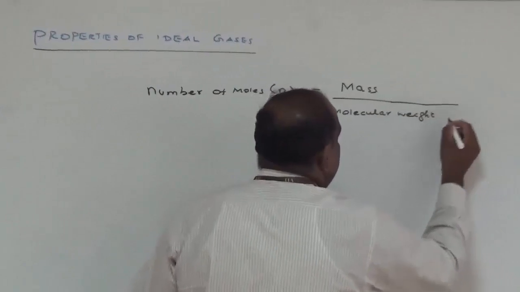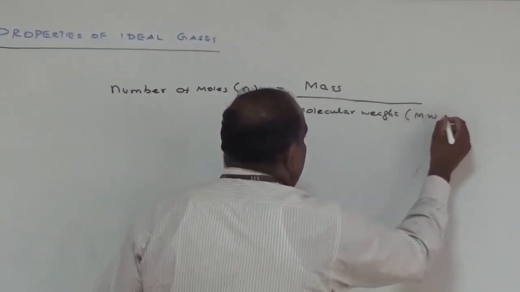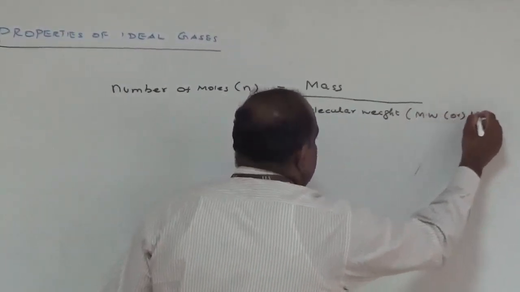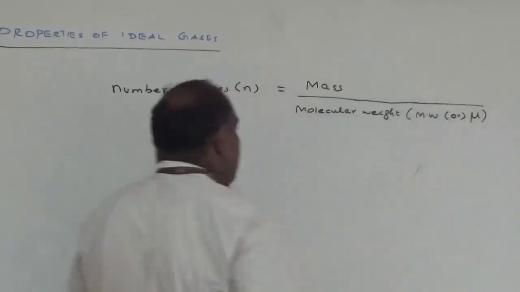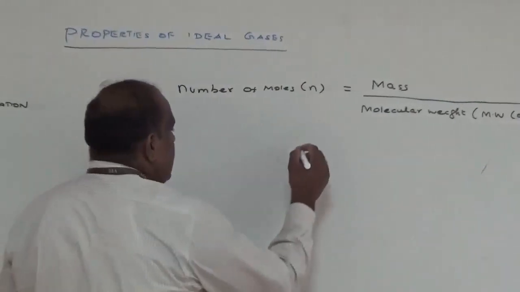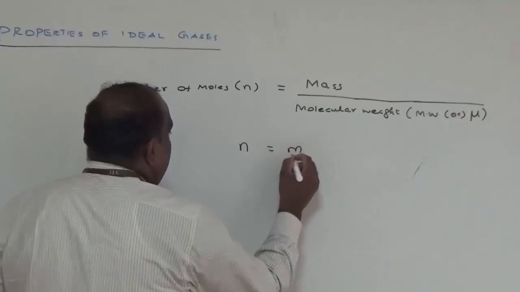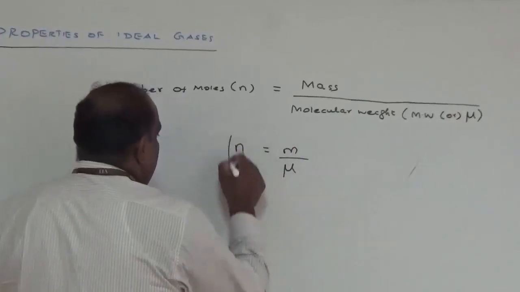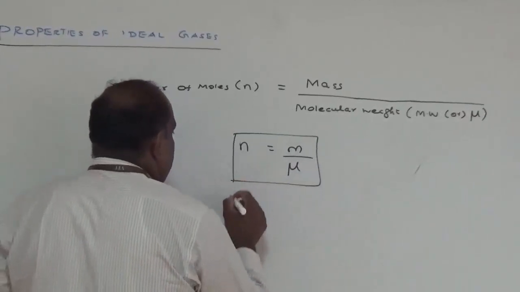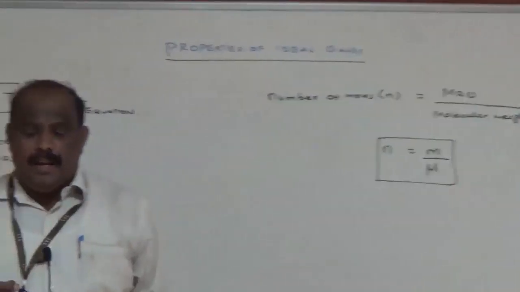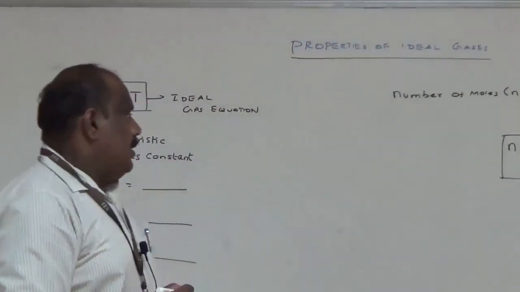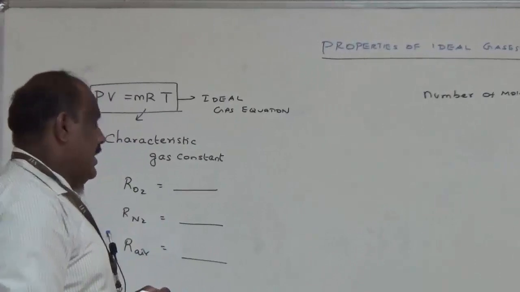This molecular weight can be denoted either as M.W. or by a symbol called mu. So generally we define n equal to small m by mu, where n is the number of moles, m is the mass and mu is the molecular weight for a particular gas.